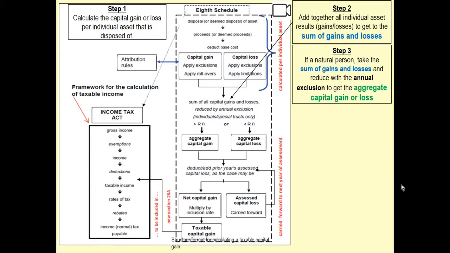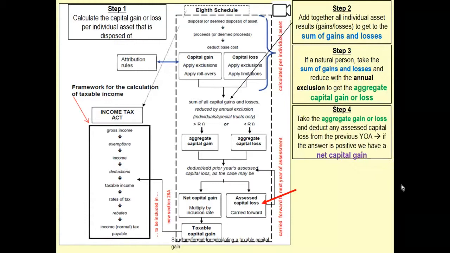It not only reduces a sum of gains, it also reduces a sum of losses. And it is not available to companies. It's only natural persons and then special trusts, but special trusts is not in your syllabus. So for your purposes, you just have to know that no companies can qualify for the annual exclusion, only natural persons.